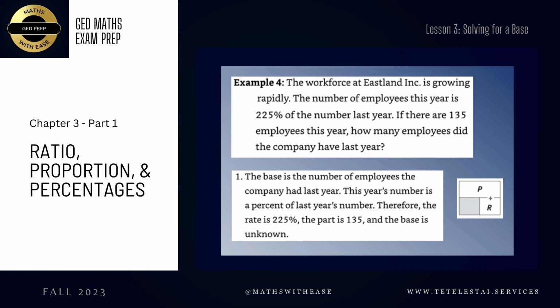So we have our rate, which is 225%, or 225 over 100, or 2.25. Then you would just solve based on the information you have, and all we're doing here, based on our formula diagram, is dividing 135 by 225%.